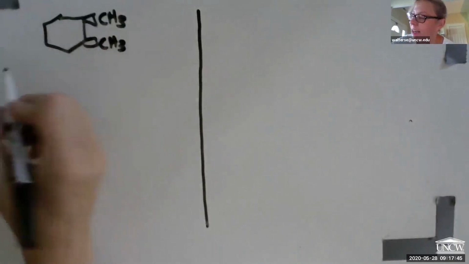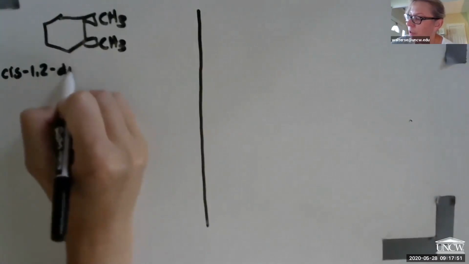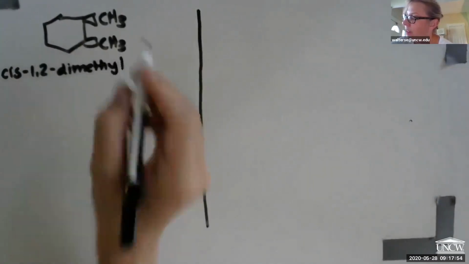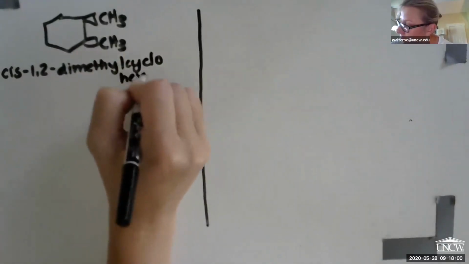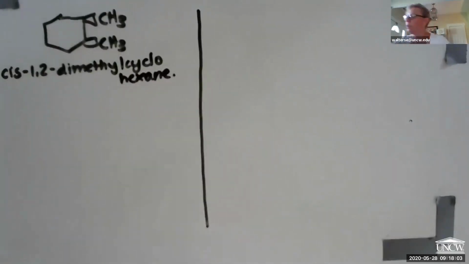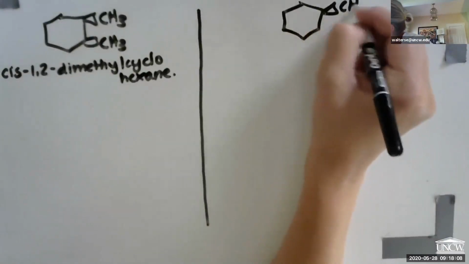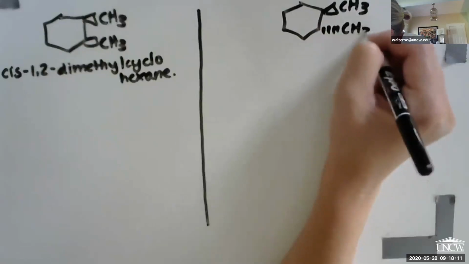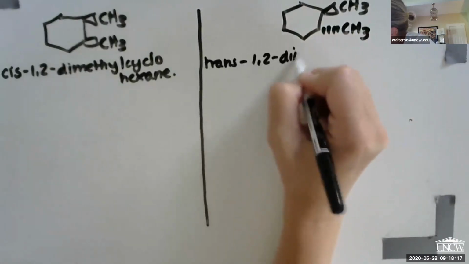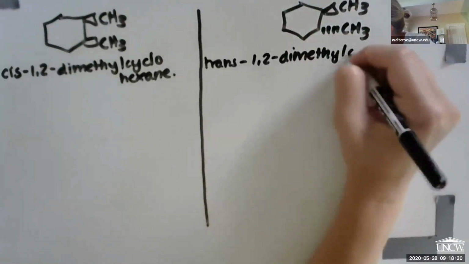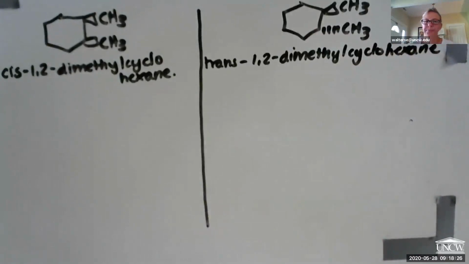These are on the same side, so this is cis-1,2-dimethylcyclohexane. And obviously, what's going to be over here then is going to be trans-1,2-dimethylcyclohexane.